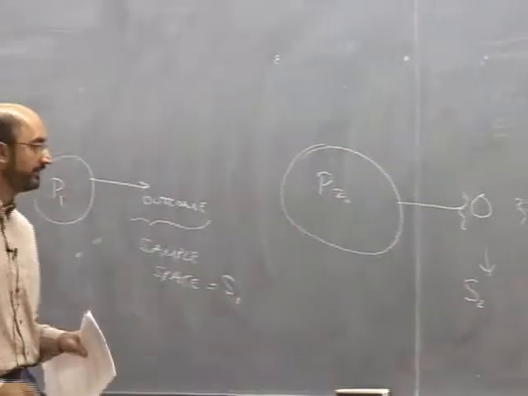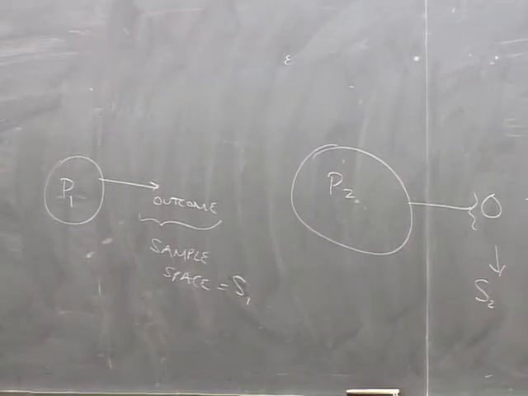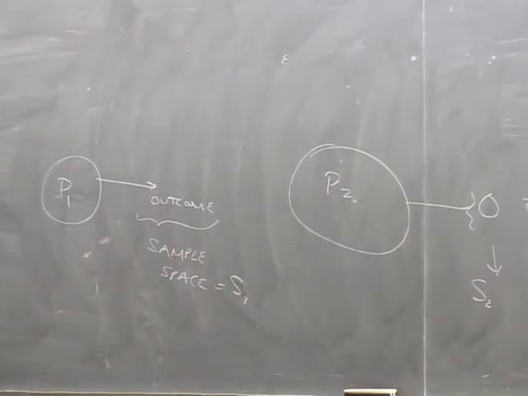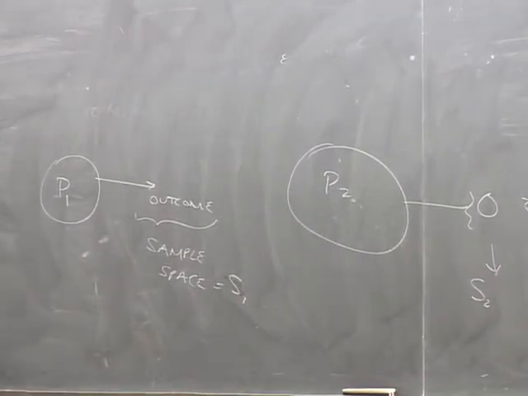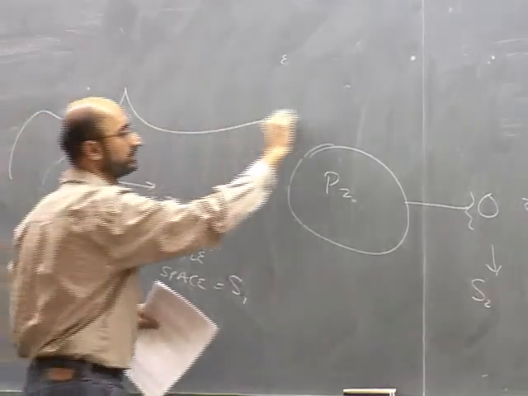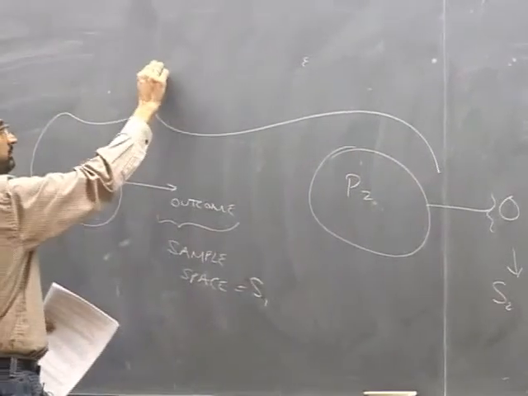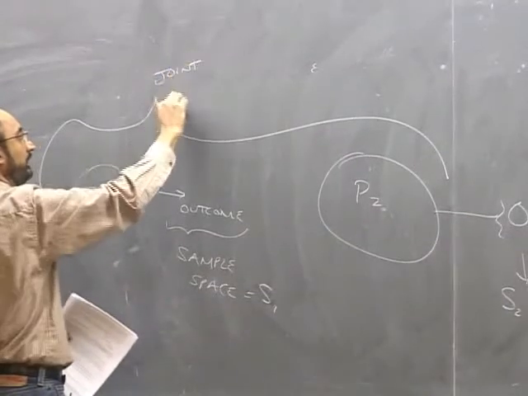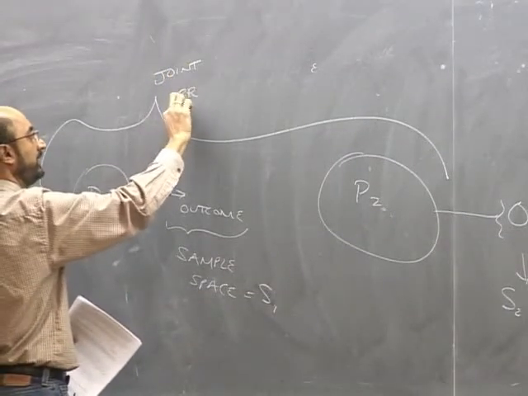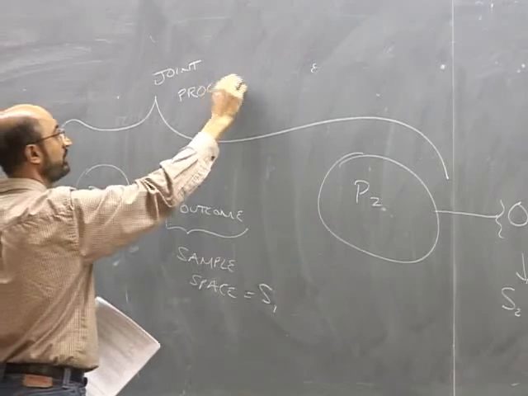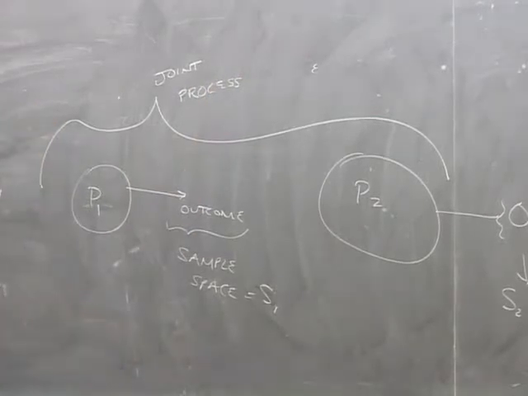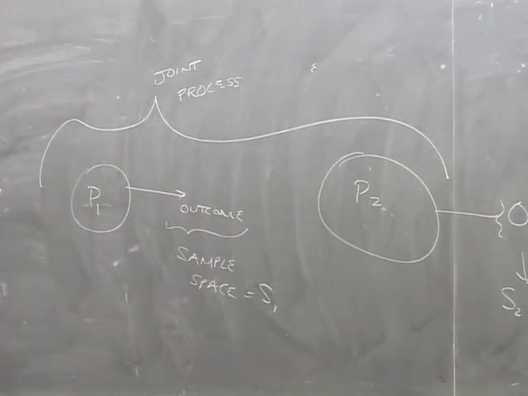Okay? And now we want to talk about these two outcomes at the same time. And this together we will call a joint process. And they could be simultaneous or subsequent. Okay? For the moment, we haven't really specified any time ordering on the processes.